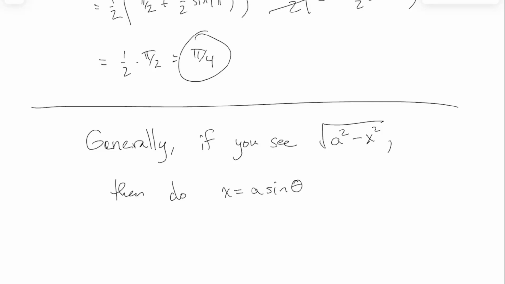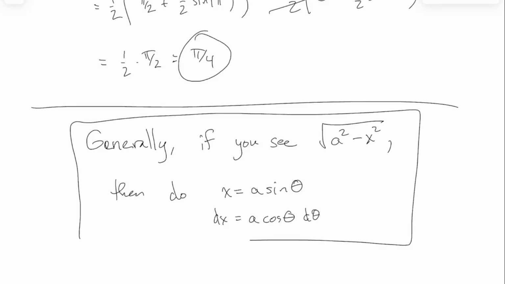The example we just did had a equal 1, so that was a simpler case, but it's really not any more complicated if there's some other number there. And then, of course, this means the dx is going to be a cosine theta d theta. Maybe I'll put this in a little box here. So doing the trig substitutions requires you to remember some of these basic tricks, and then you have to be able to actually do whatever integral you end up with.